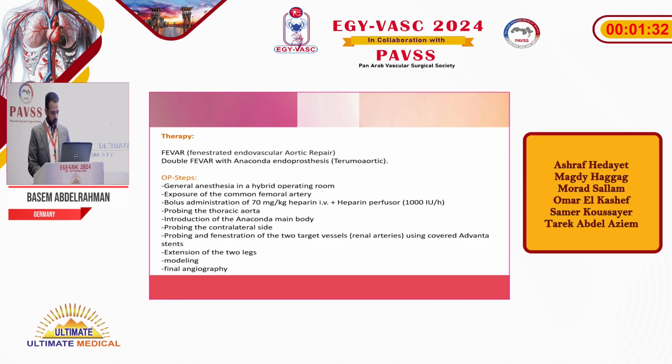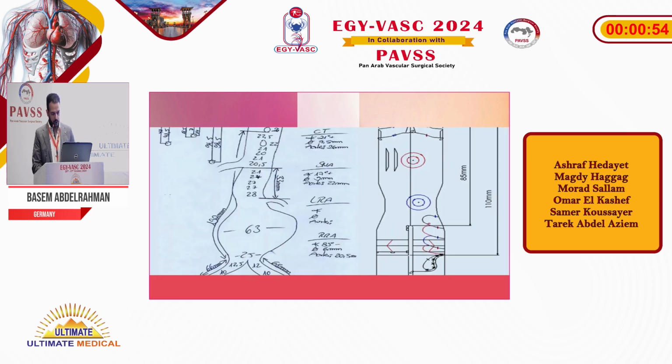We decided to go for fenestrated repair with double fenestration for the renal arteries. The operation was performed under general anesthesia with exposure of the femoral vessels under continuous heparin infusion, and deployment of the graft and the contralateral side with fenestration for the renal arteries using the steerable sheath.